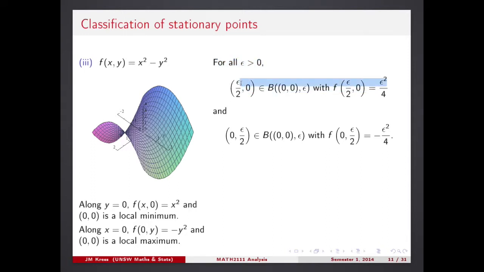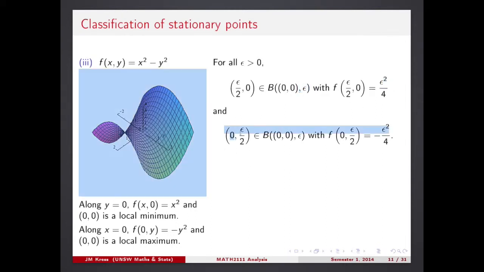One of them like this, with y being 0, delivers a point very close to the origin, at distance, as a matter of fact, epsilon by 2, such that the function is positive at that point. And the second choice, again as close as you wish, because you make your epsilon small, this point gets closer to the origin, where the function is negative.